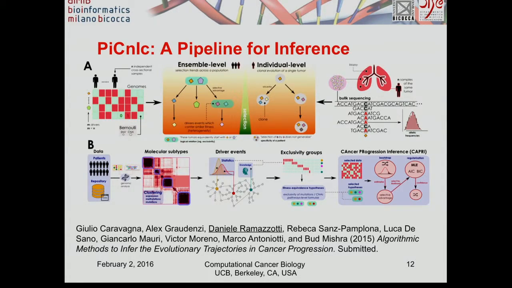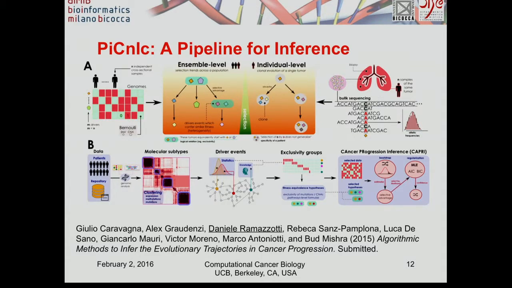The key point was that we found that in order to produce meaningful reconstructed progression models, you have to be very careful about what is the input data, and especially you want to be very sure that what you are putting into the system corresponds to a very well-defined cancer subtype.